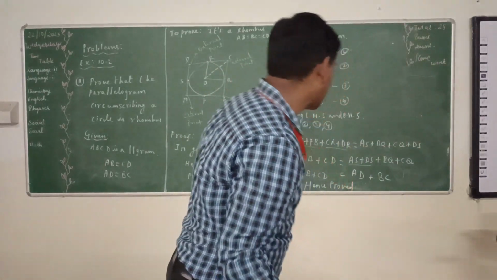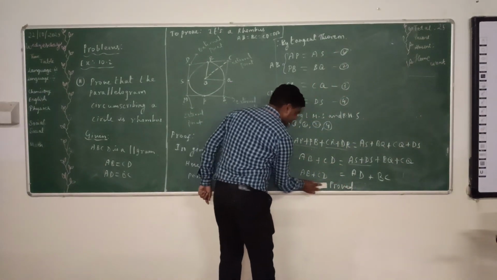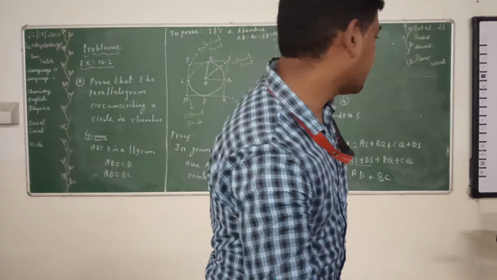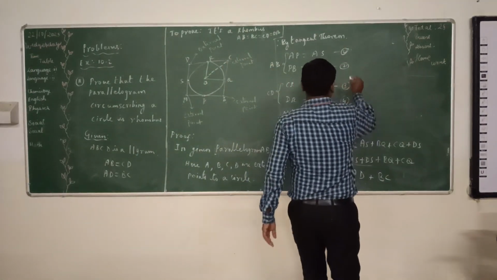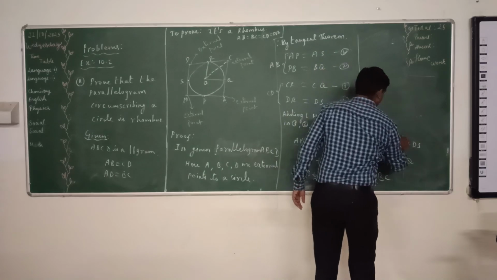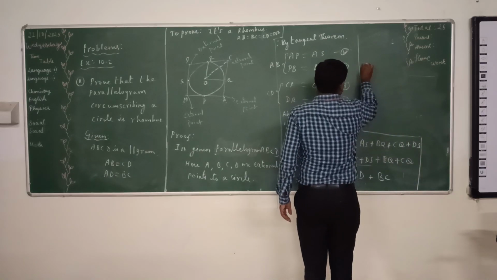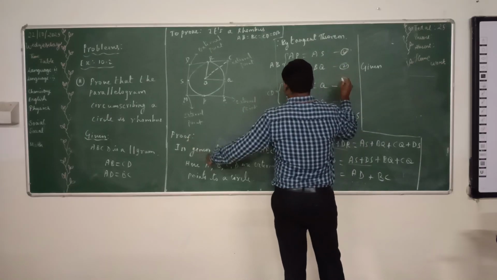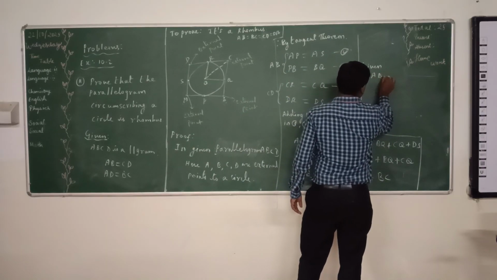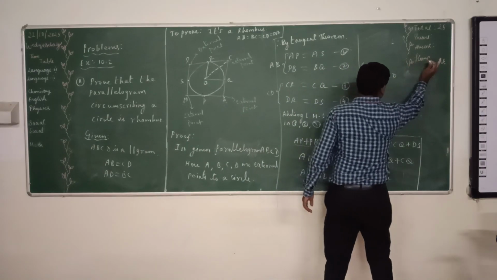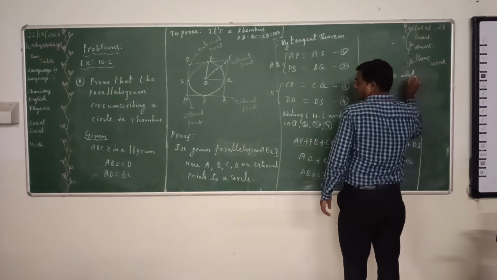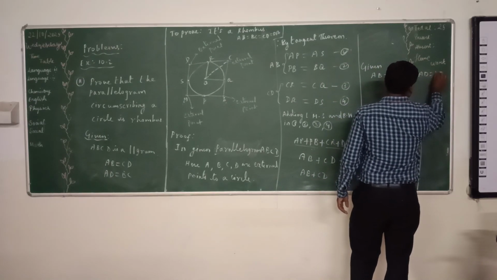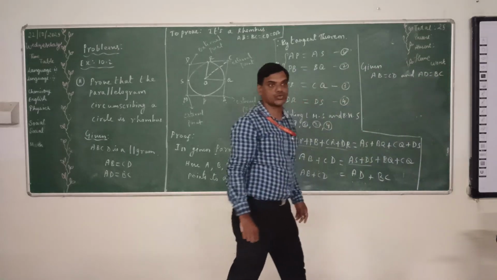Now you see that it's already given that AB is equal to CD and AD is equal to BC. We are making only these two changes.